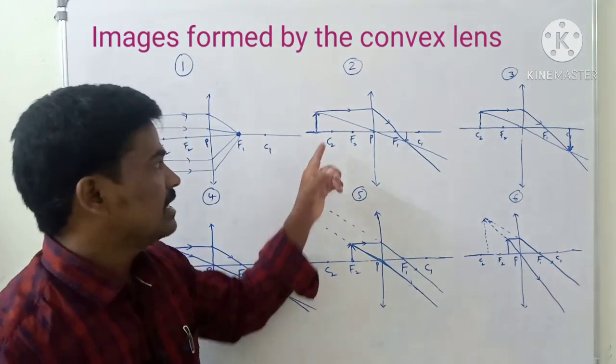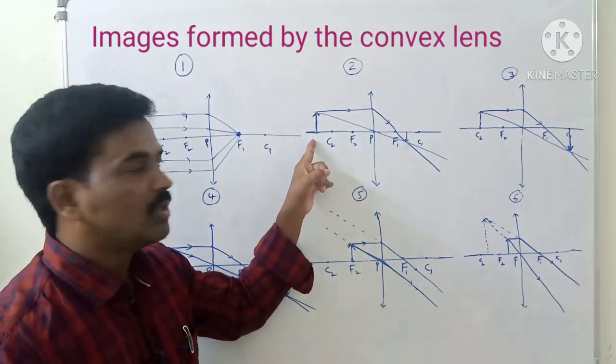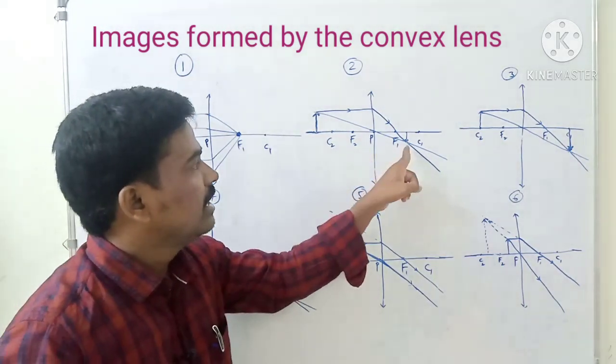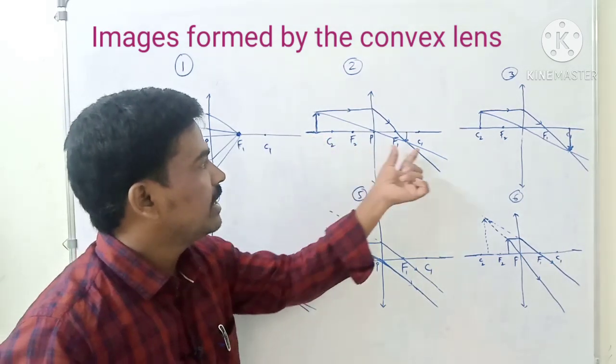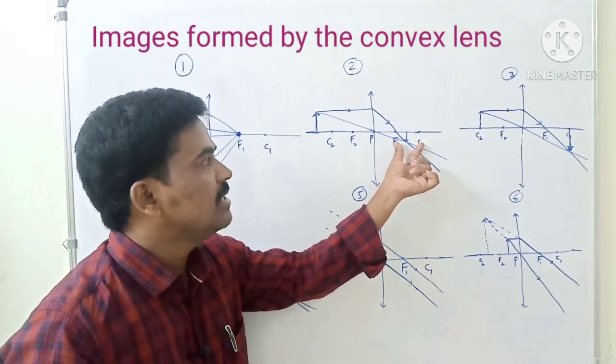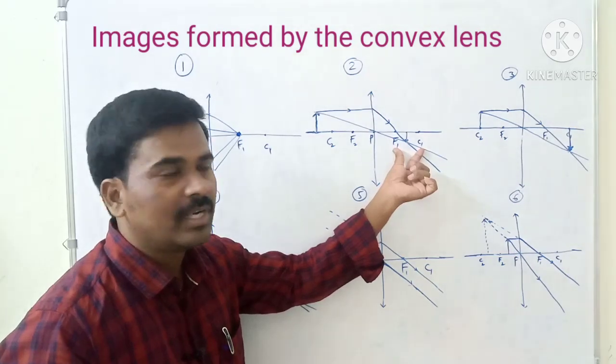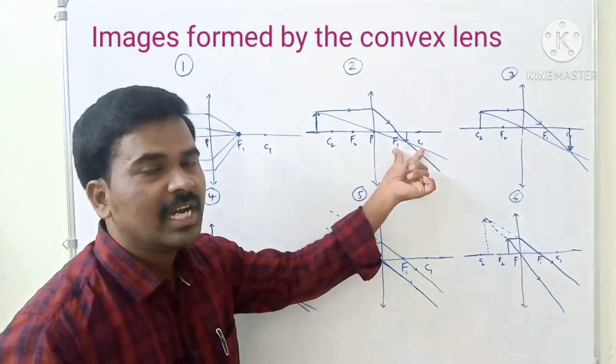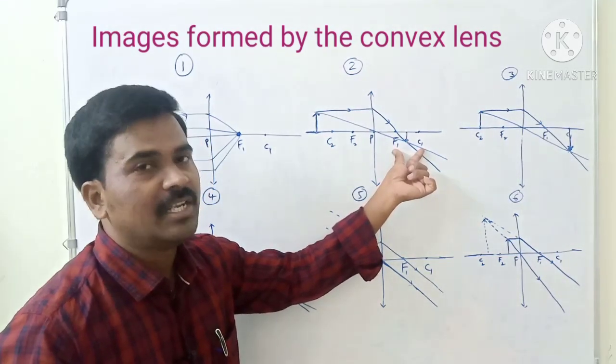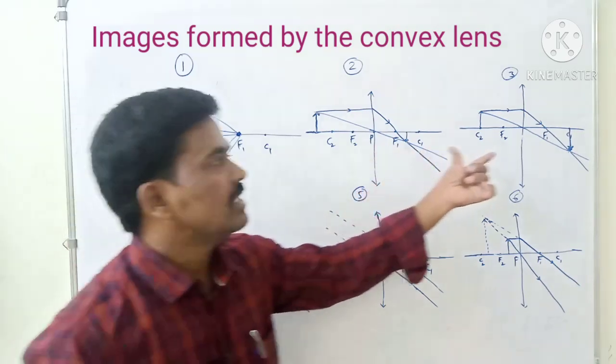What is the second place? If the object is beyond C2, we get the image in between C1 and F1, and the size is diminished, and it is a real image and it is inverted. What is the third place?